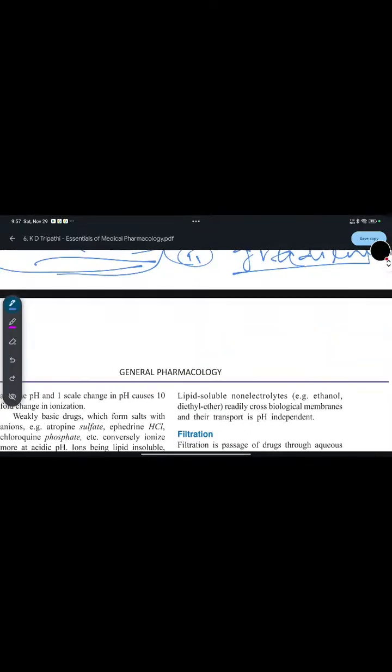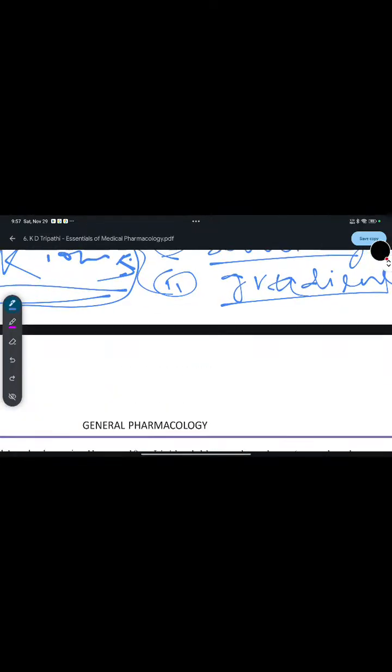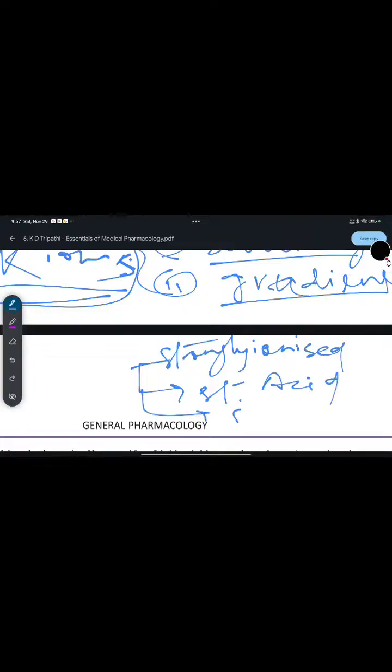Simply, you have to remember, when a drug is strongly ionized, then it will either be a strong acid or a strong base.